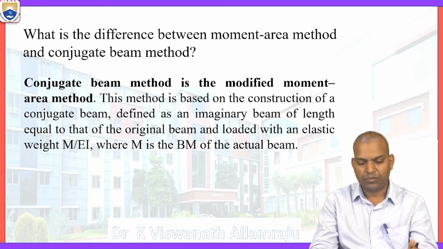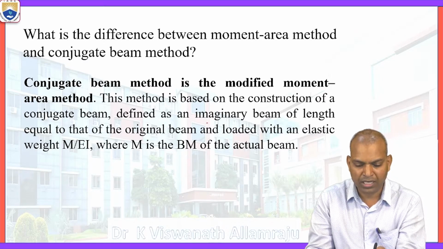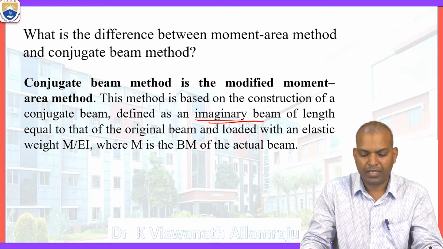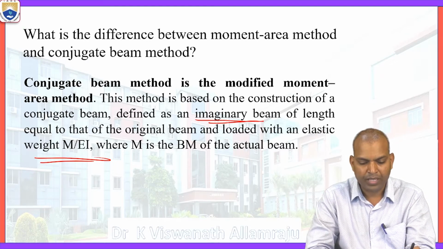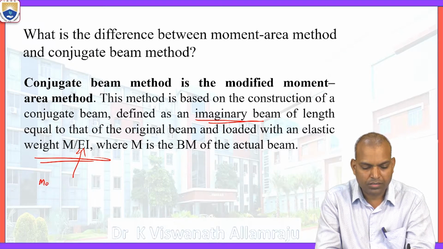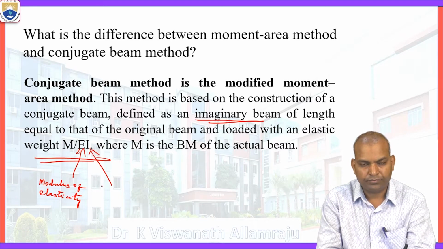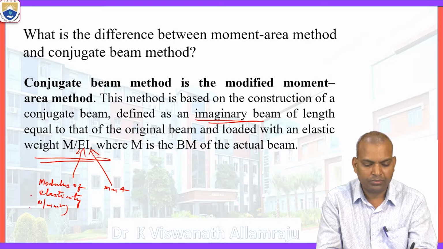It is based on the construction of a conjugate beam, which we define as an imaginary beam of length equal to that of the original beam and loaded with an elastic weight, that is M by EI, where M is the bending moment of the actual beam, E is the modulus of elasticity, and I is the area moment of inertia, in millimeter to the power 4. Here E is in Newton per square millimeter.